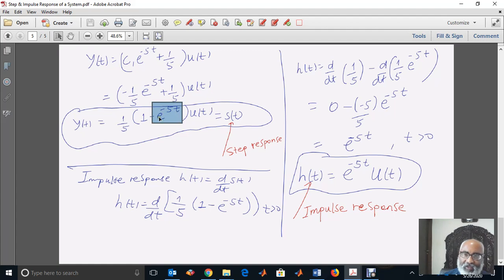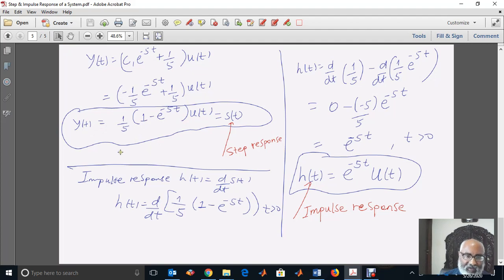When t goes to infinity, this will be e to the power of negative infinity, which is equal to 0, and it will be 1/5. And this is s(t), the step response of the system. Okay, an exponentially growing function with the limit, when t goes to infinity, becoming 1/5.